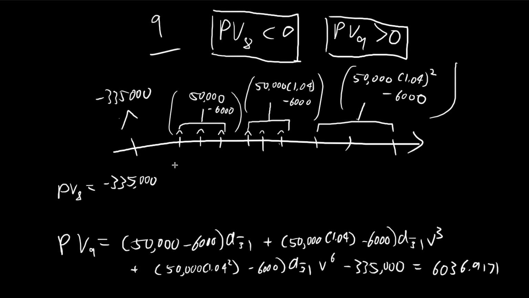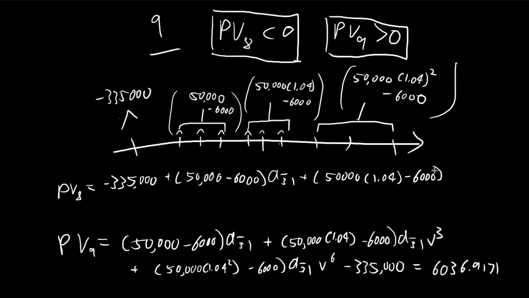And then at time 8, we're going to have experienced these cash flows at time 1 to 3, and certainly these cash flows at time 4 to 6. Just to remind ourselves, these are the cash flows from time 4 to 6, these are the cash flows from time 1 to 3. And then for here, the cash flows from 7 to 9, because we're only calculating up to time 8, we don't need to do A3 here.